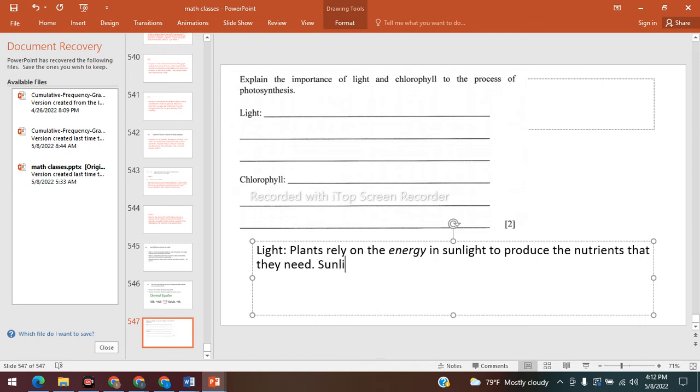Sunlight's job in photosynthesis is to provide energy.